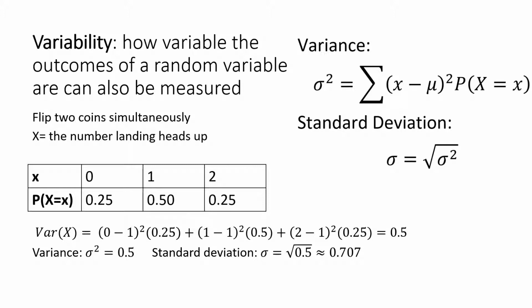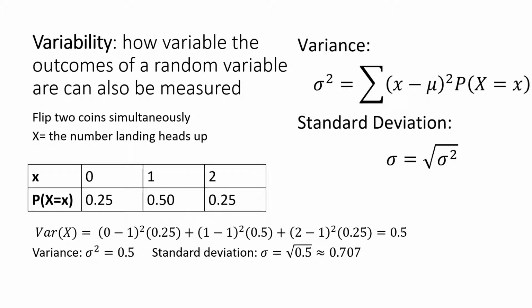We can also measure variability, that is how variable the outcomes of a random variable are. We have 2 different ways of measuring this. One is using the variance of the random variable, and the other is using the standard deviation. To calculate the variance, we are measuring how variable the outcomes are around the expected value, and we do this by taking each possible outcome x, subtracting the mean, squaring that deviation, multiplying the squared deviation by the probability of the outcome little x, and adding those all up.